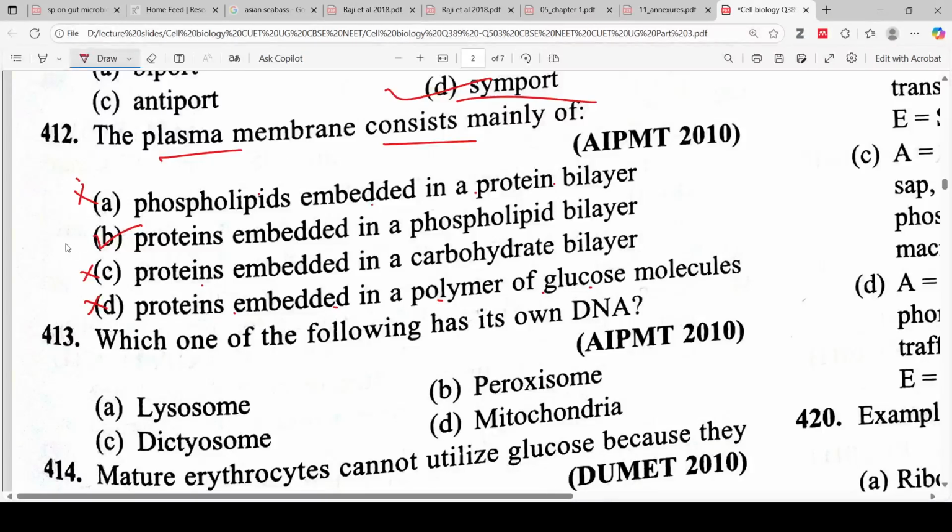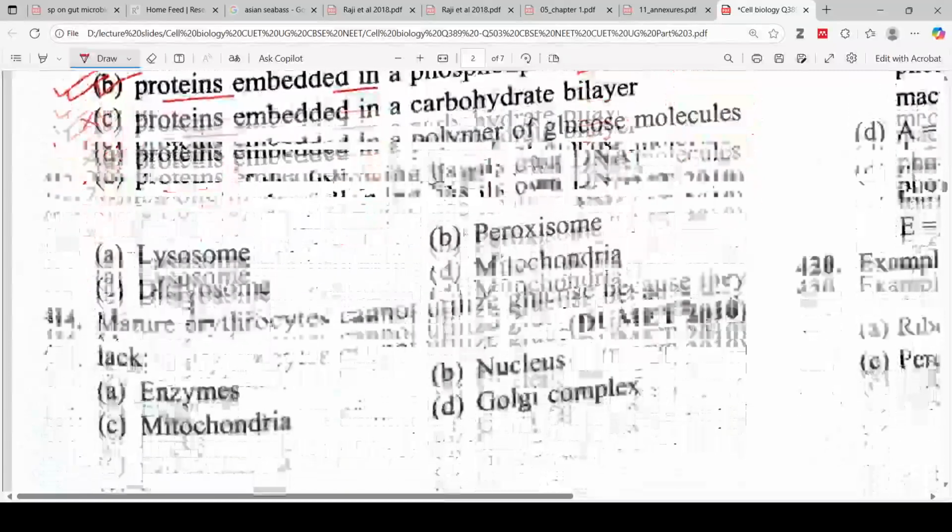So the correct answer is option B. The protein is always embedded inside the phospholipid bilayer. This is the bilayer. If this is the bilayer, then the protein is always embedded inside the lipid.